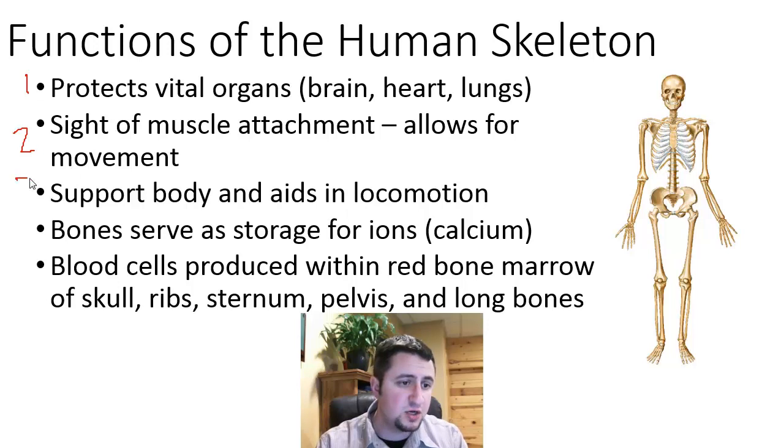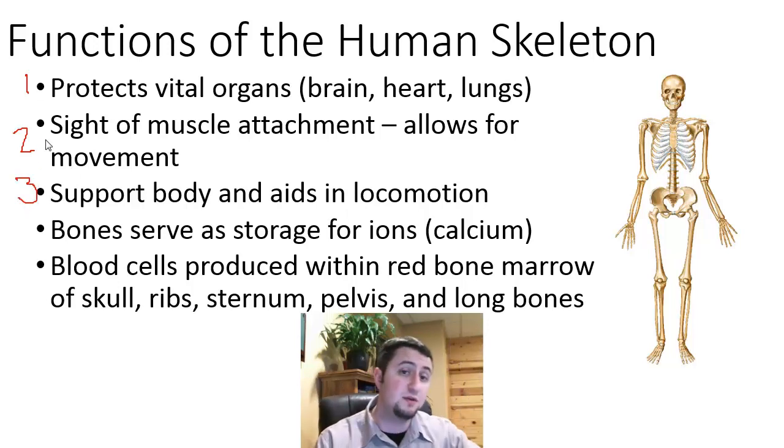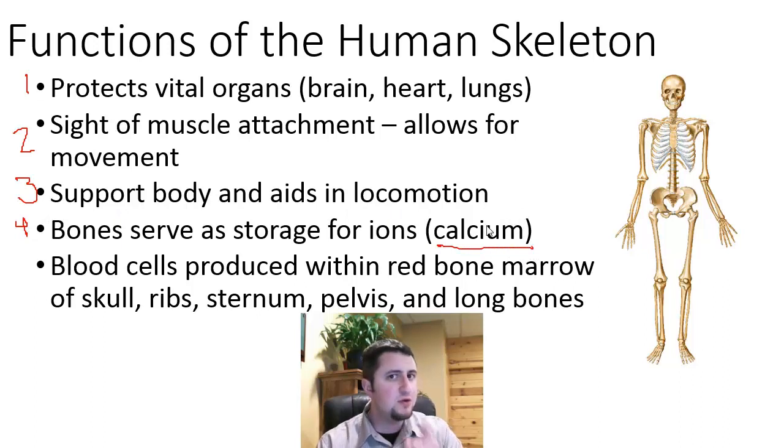A third function is to support the body so we can stand up. Without our skeleton, we would be little blobs moving around on the floor. I really hope that I never have to see that, but just imagine what it'd be like if we did not have a skeleton. Bones also serve as a storage unit for ions, particularly calcium. We'll talk about what that really means in a second.